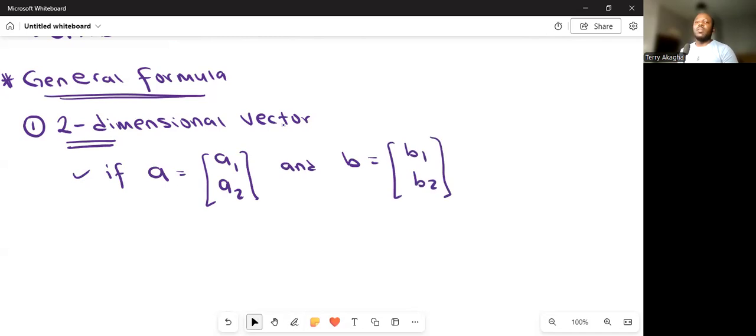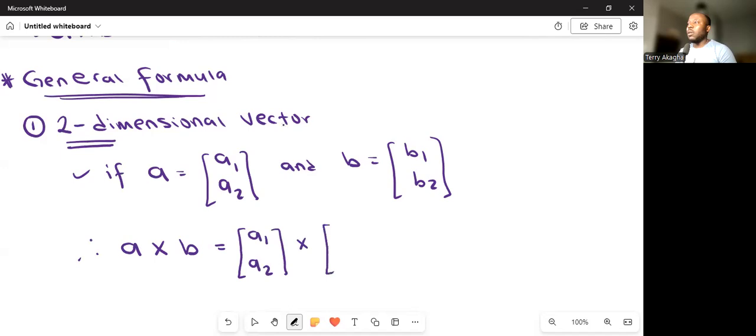And then you are told to find A times B. Are you seeing it? So how do you do it? What I always advise students is that you have to multiply. So A times B is going to be A1, A2 multiplying B1 and B2.